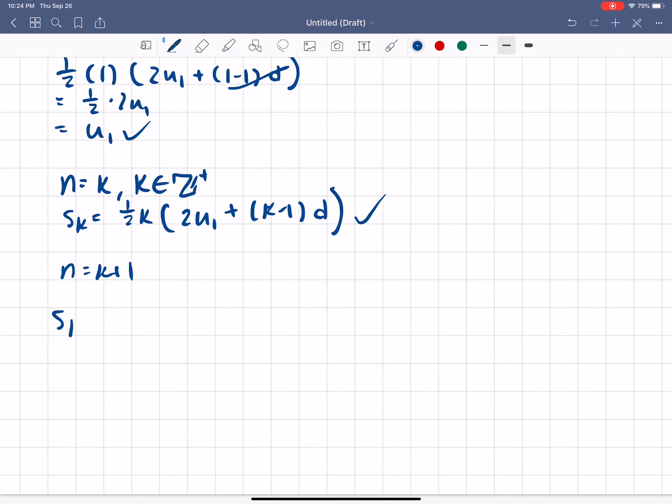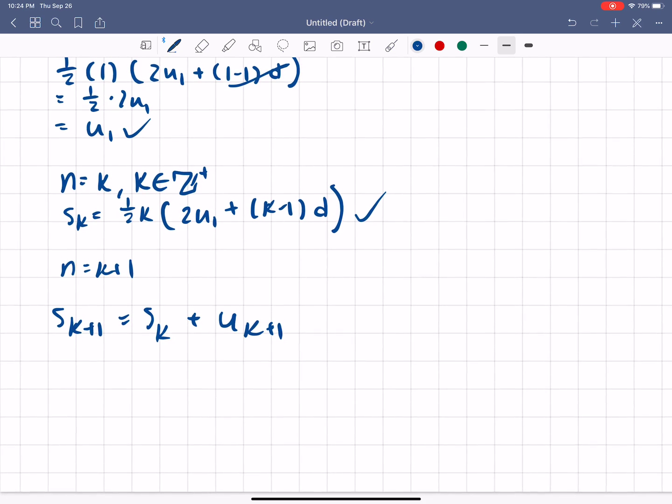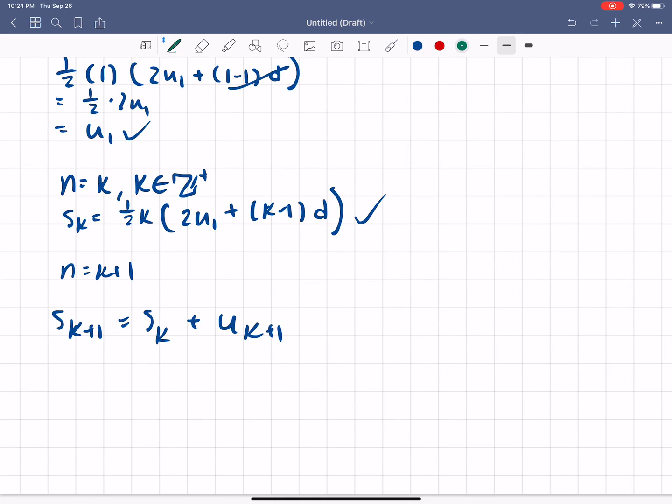So S of k plus 1 is simply equal to S of k plus u of k plus 1. S of k, as we said, we established here that S of k is equal to this expression: 1/2 k times 2u1 plus k minus 1 d.